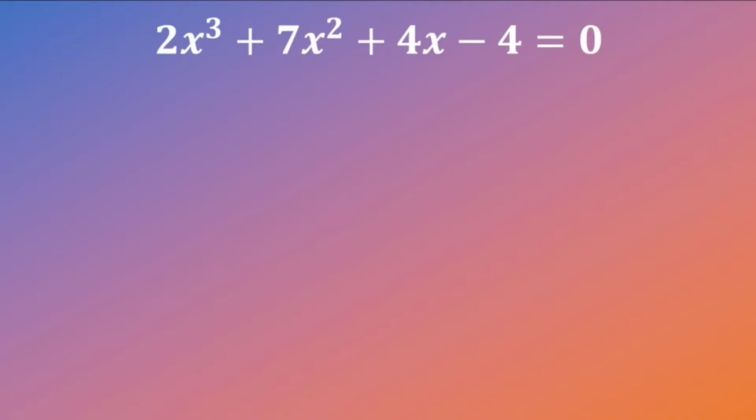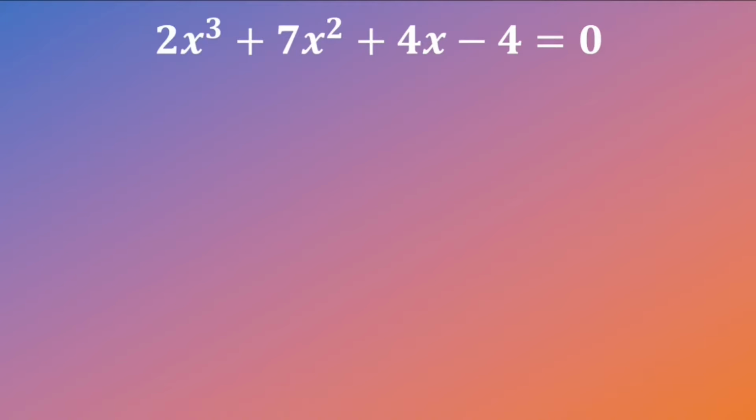Let's now continue the journey of finding the other roots of the given polynomial equation, but this time we will be using the first depressed equation, 2x cubed plus 7x squared plus 4x minus 4 is equal to 0, to find the other roots. Now, remember, in this equation, the constant term is negative 4.